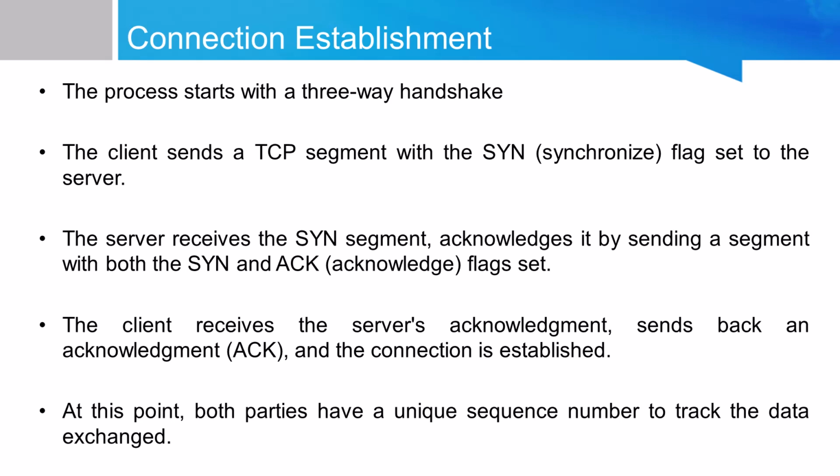Then the client receives the server's acknowledgement and sends back an acknowledgement, and the connection is established. At this point, both parties, that is client and server, have a unique sequence number to track the data exchanged.